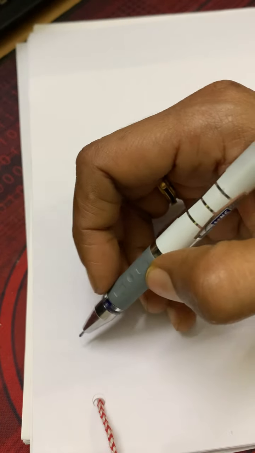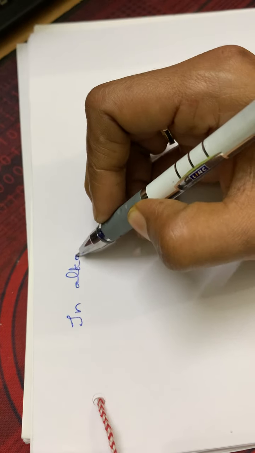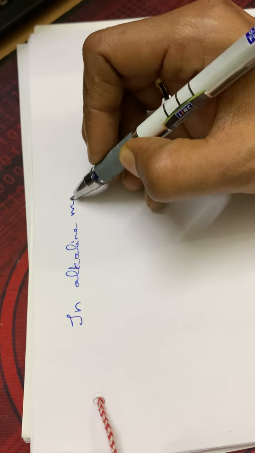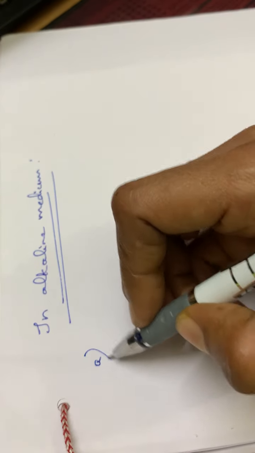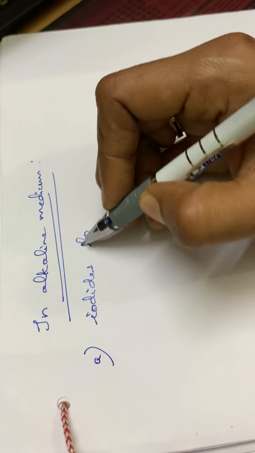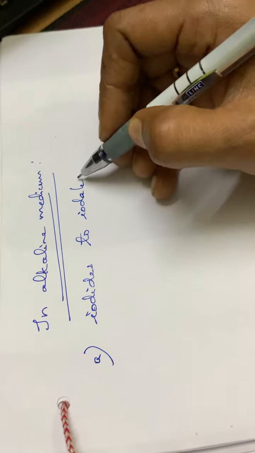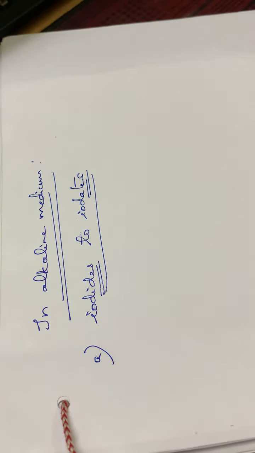Then the next one, oxidation of KMnO4 in alkaline medium. So till now we have been seeing this oxidation reaction in acidic medium. The next one is in alkaline medium. So first reaction, oxidation of iodides to iodate, that is IDE to ATE. Okay.